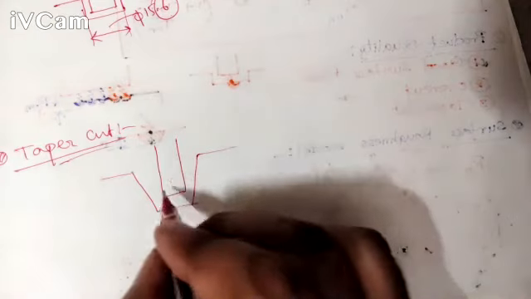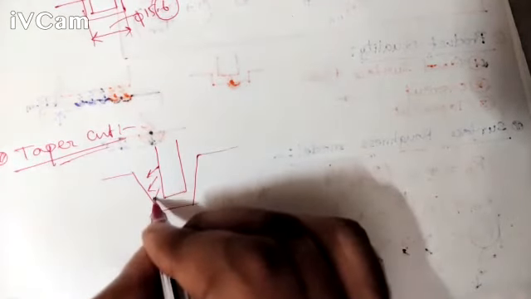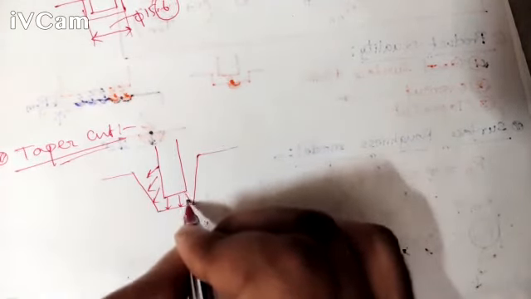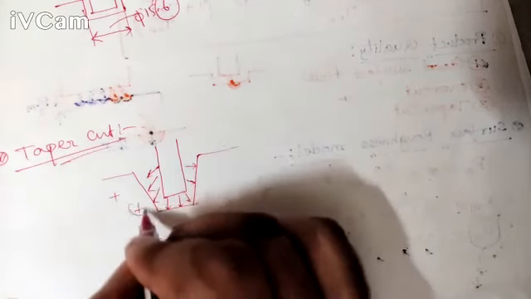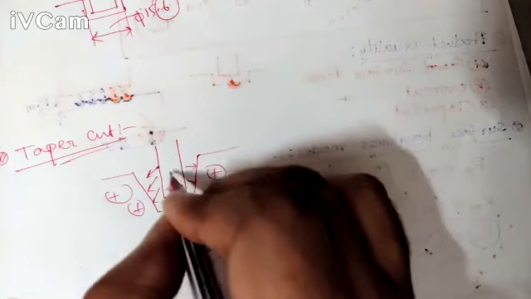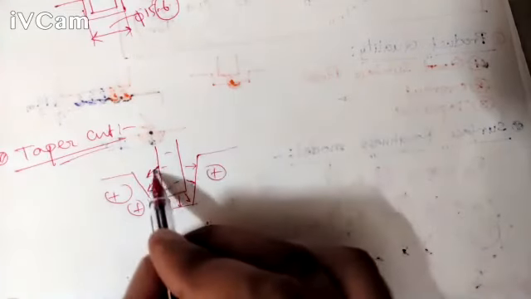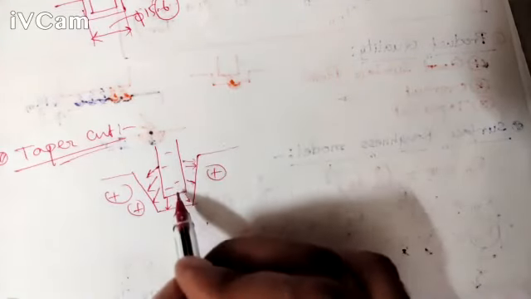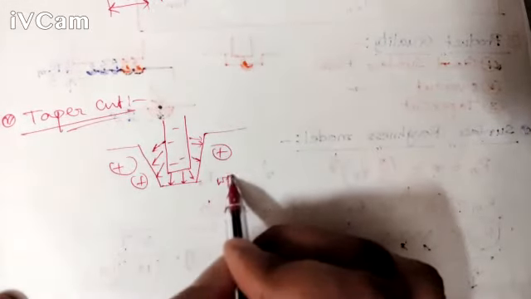Why does it happen? Because the free electrons will move in all directions. I have already discussed that the workpiece will be positive and the tool will be negative, and the electrons will flow from all directions as they get attracted towards the workpiece.